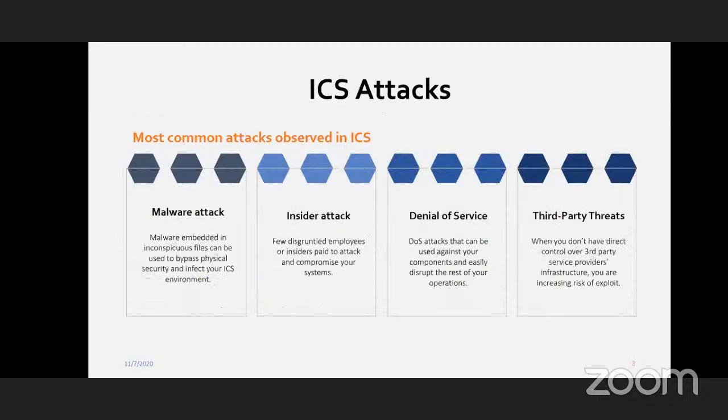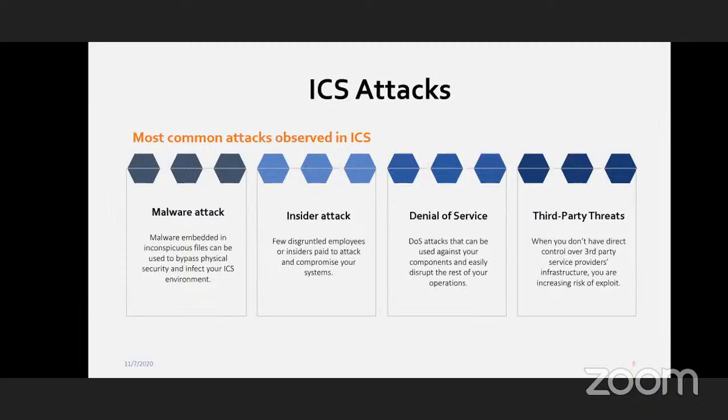So let's see some common attacks observed in ICS. First of them is the malware attack. Malware attacks use phishing as the most common threat vector, as it is easy to embed malware in Microsoft Doc, JPG, or PDF files.